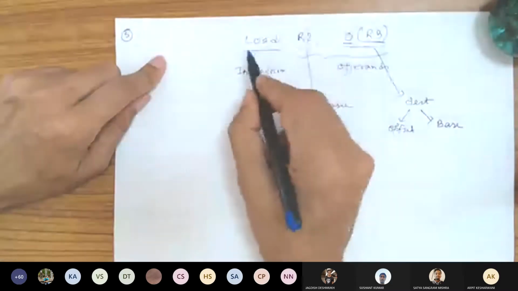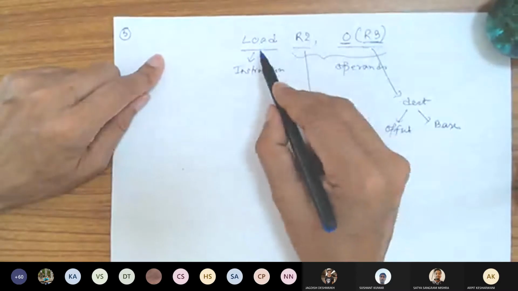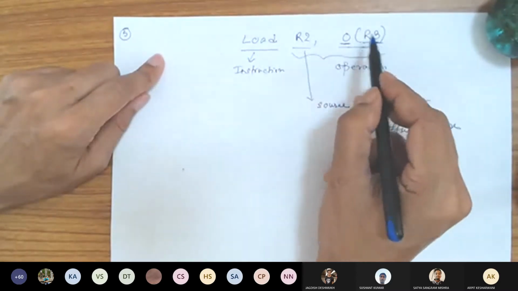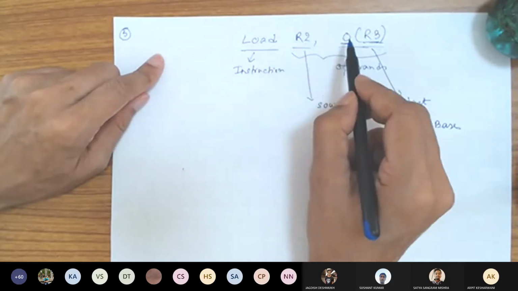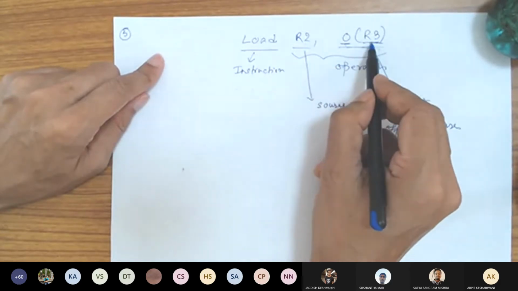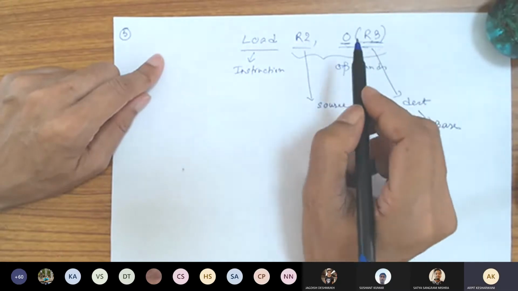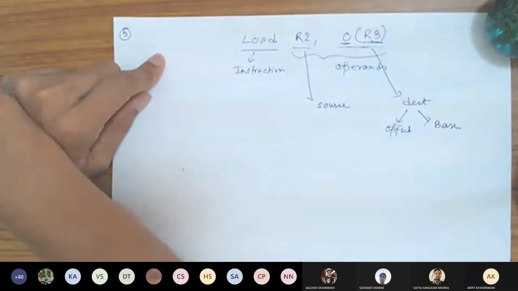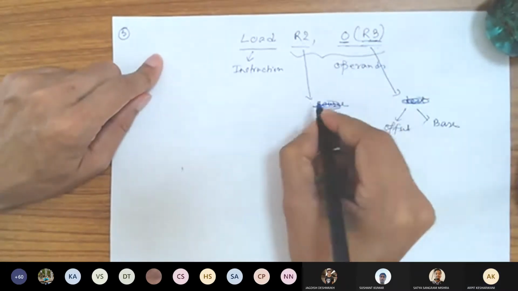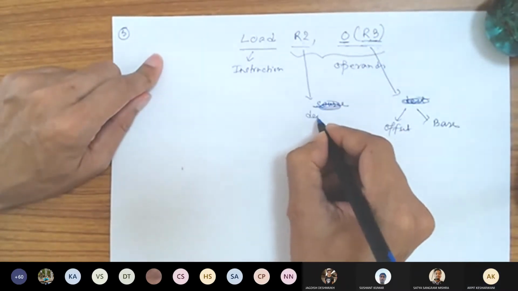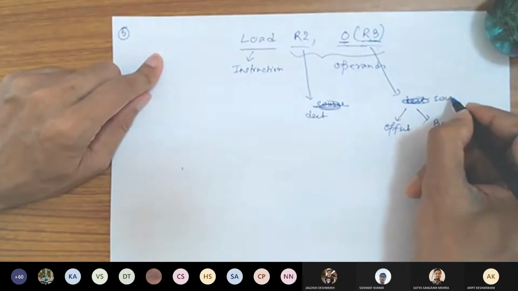Now we have generalized the load instruction. Load R2 0 R3. Load R2 X R3. Load RX Z RY. So R2 is source or destination? Oh, sorry, there was a mistake. Thank you. This is destination. This is source.